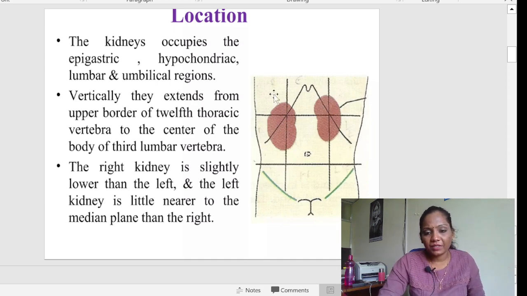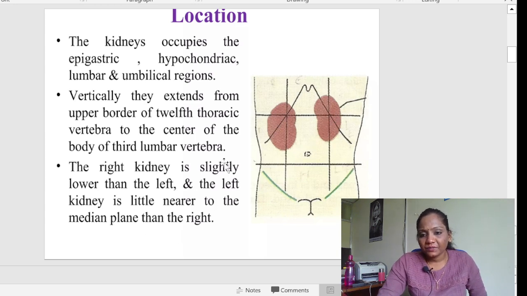This is the location of the kidney, and vertically they extend from the upper border of the 12th thoracic vertebra to the center of the body of the 3rd lumbar vertebra. So it extends from the 12th thoracic vertebra to lumbar vertebra 3. The right kidney is slightly lower than the left, already explained, because the left kidney is a little nearer to the median plane than the right.